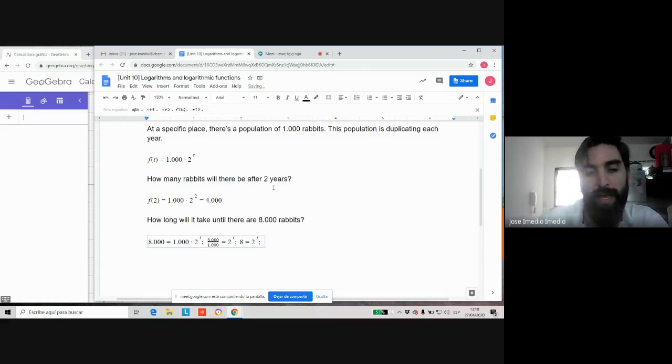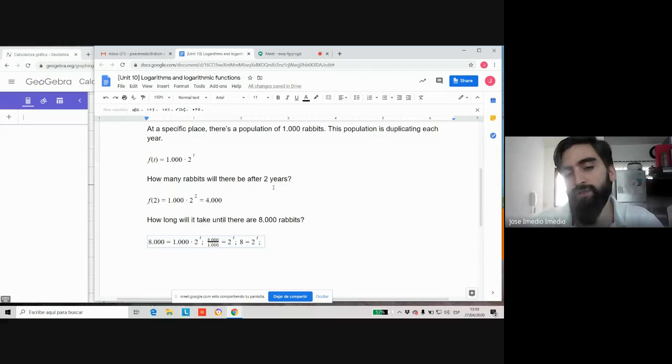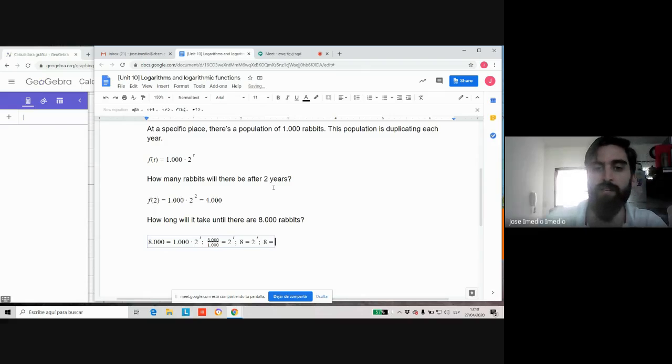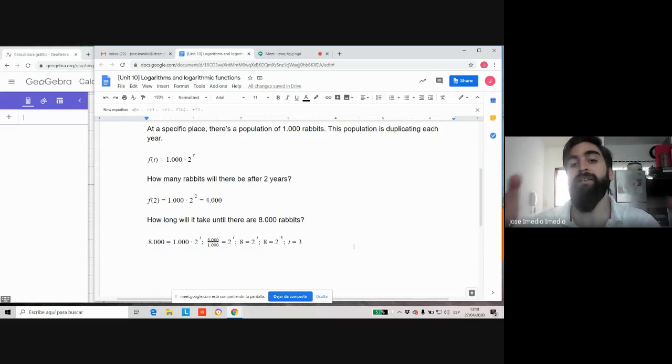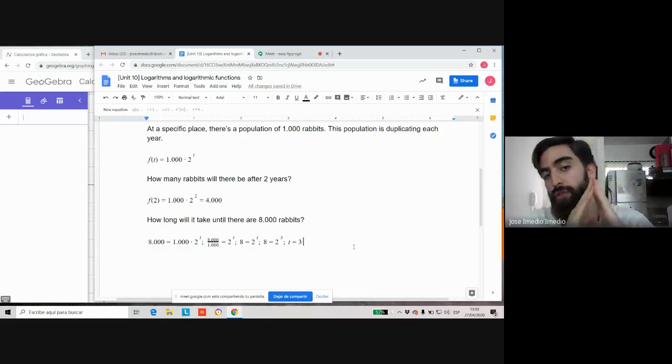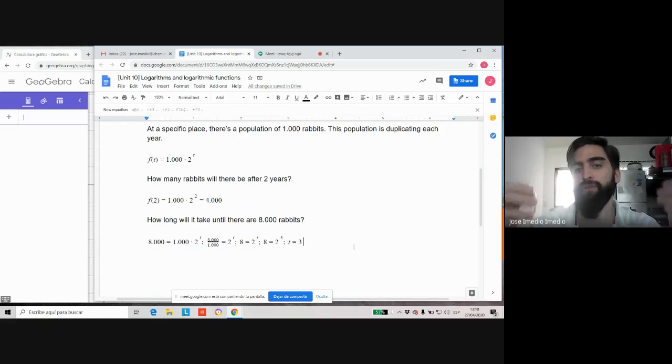We know that 8 is the same as 2 raised to the third power, so t equals 3. This means it takes 3 years for the population of rabbits to grow up to 8,000 rabbits. This one was easy because we know that 2 cubed equals 8.